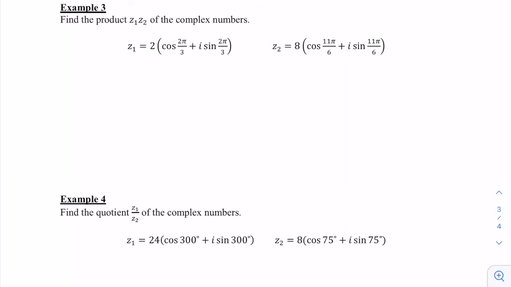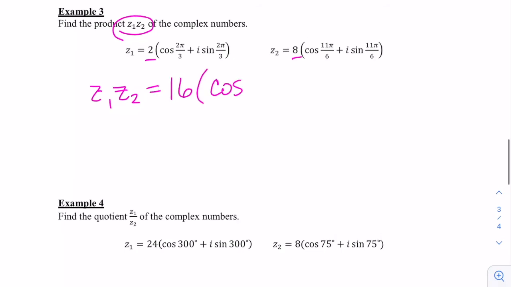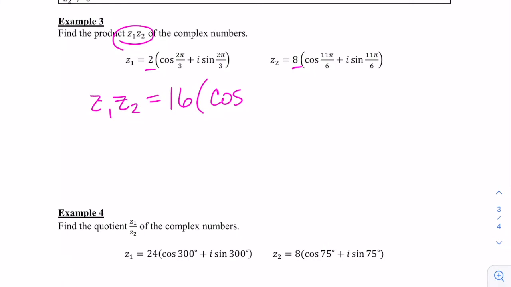Okay, so here we're going to practice using those formulas. So we have Z1 and Z2, those two complex numbers. We're going to find the product. So we just multiply 2 times 8, which is 16. And then we're going to add those two angles. So we have to make a common denominator here, right? So that's going to be 4 pi over 6 plus 15 pi over 6, and that's going to reduce to 5 pi over 3.